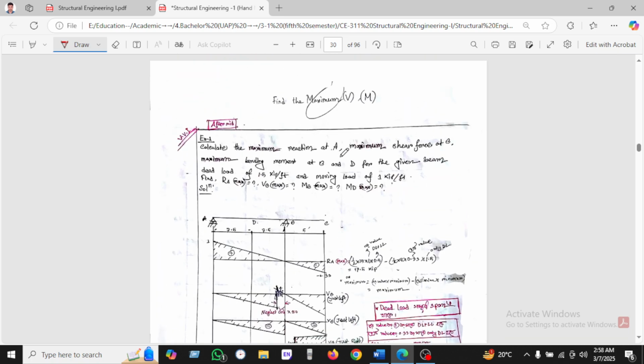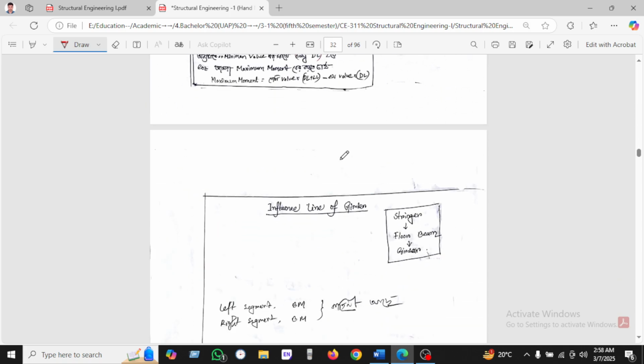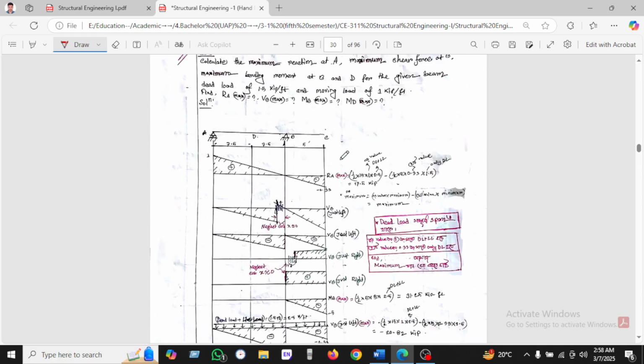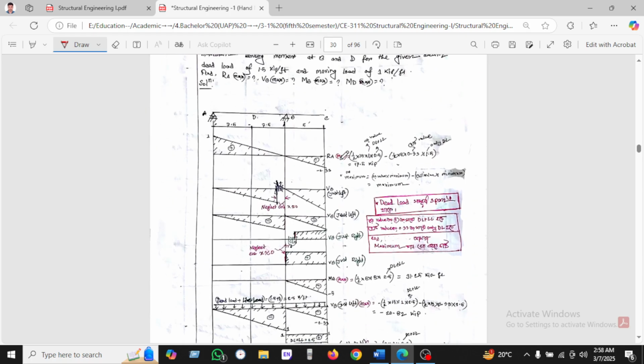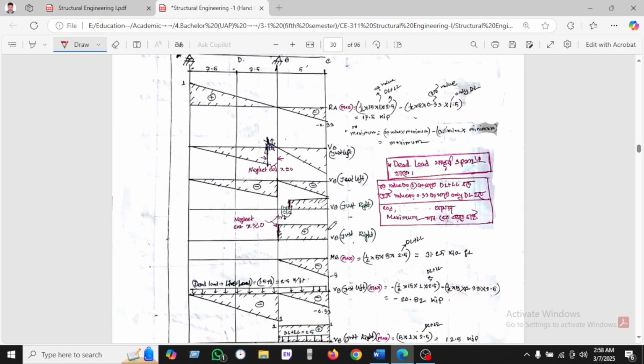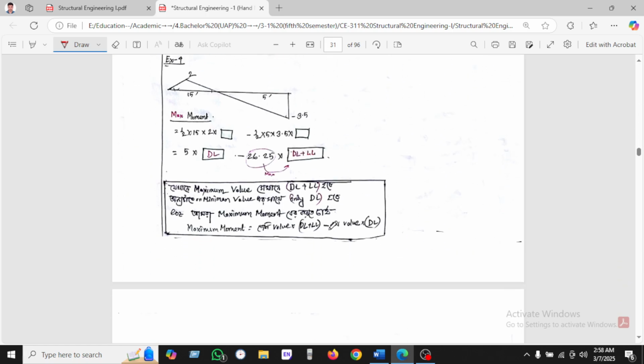Here is finding maximum moment. Okay, here is another formula. So we'll see how we'll calculate the maximum moment in the next lecture, not today.